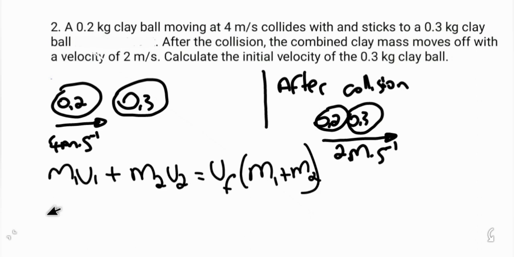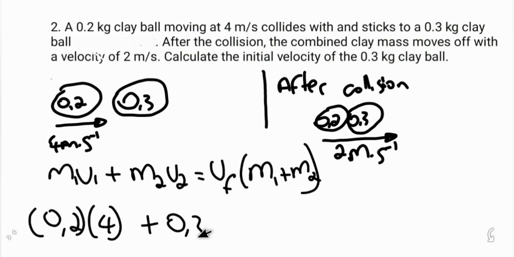So the mass of object number 1 is 0.2 times the initial velocity of 4. Then mass 2 is 0.3 times the initial velocity. Their final velocity is 2 meters per second. Since it's positive, that means these two objects were moving to the right with the same velocity of 2 meters per second.